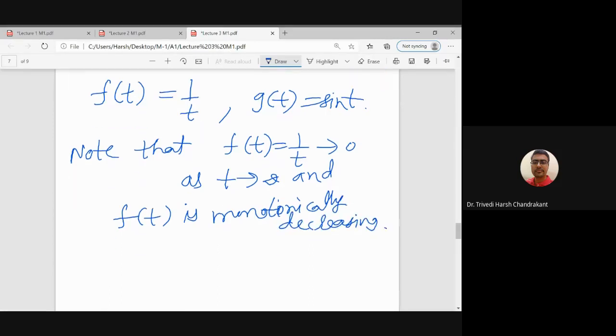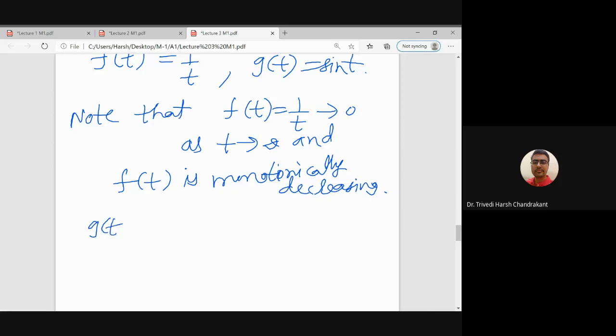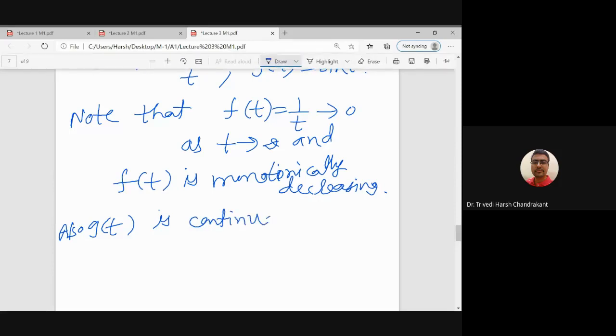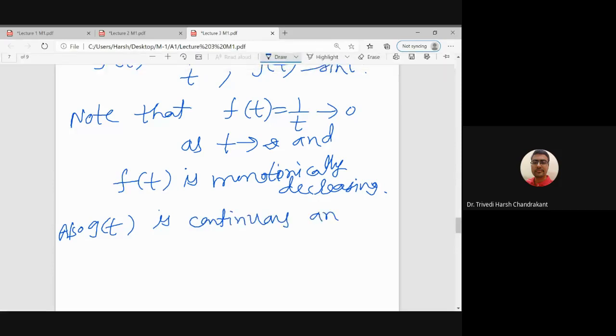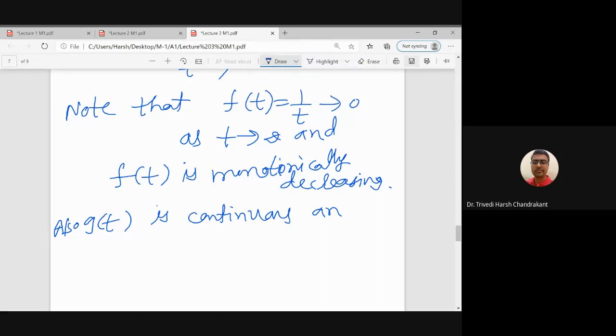Now the other condition. For the other condition, g should be continuous. So sin t is continuous, so g(t) is continuous. And now the integral is bounded. That condition we have to verify.